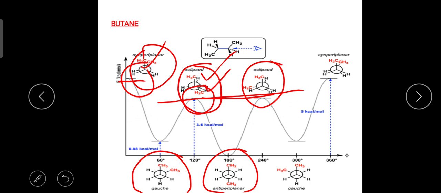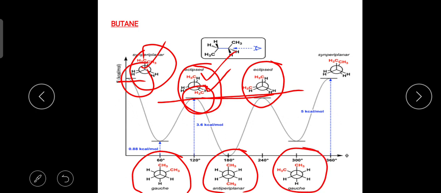The first one has plus 120 degree angle, and the second one has minus 120 degree angle, and it is denoted by P or M conformers in helical chirality. And if this molecule is rotated again by 60 degrees, then it transfers into gauche conformers, which have similar energy to the previous one.